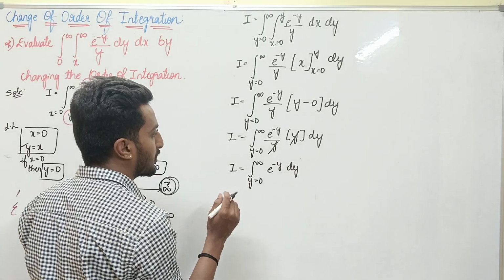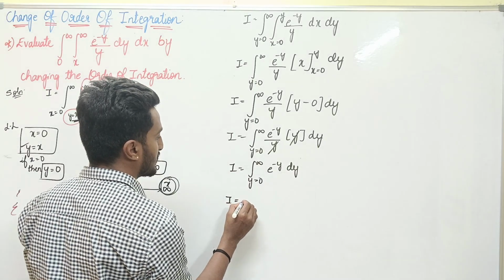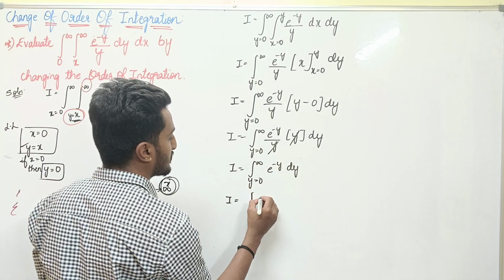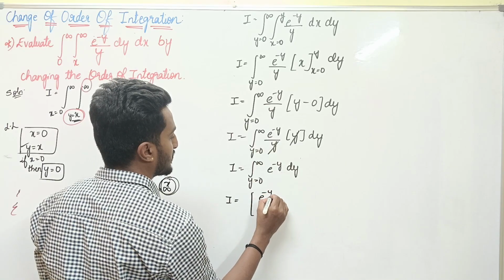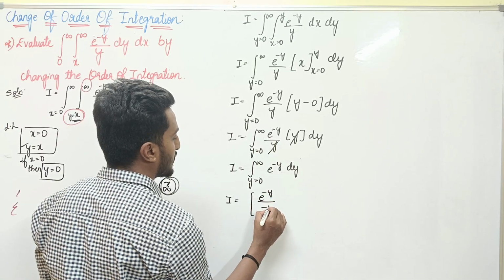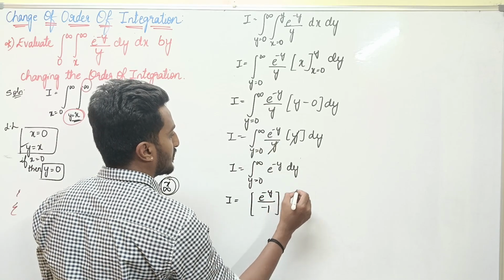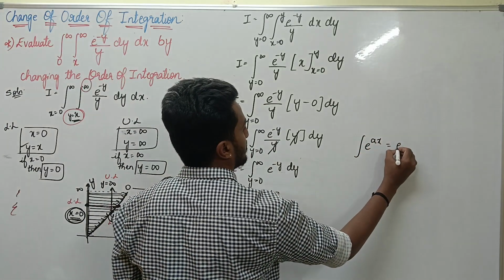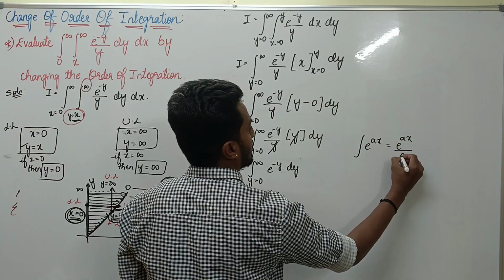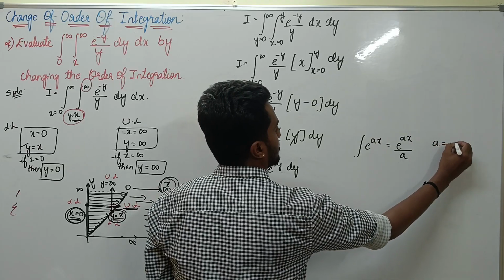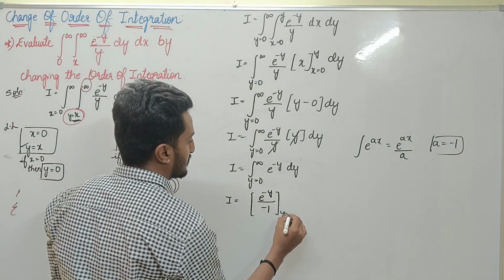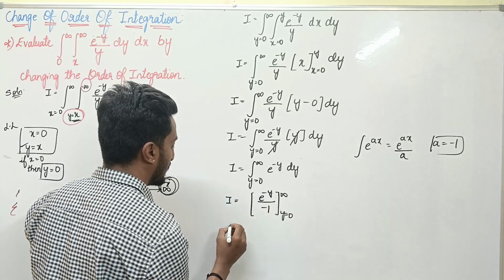Integration of e power of minus y is e power of minus y divided by minus 1, since integration of e power of ax equals e power of ax divided by a, and here a is minus 1. Y varies from 0 to infinity.